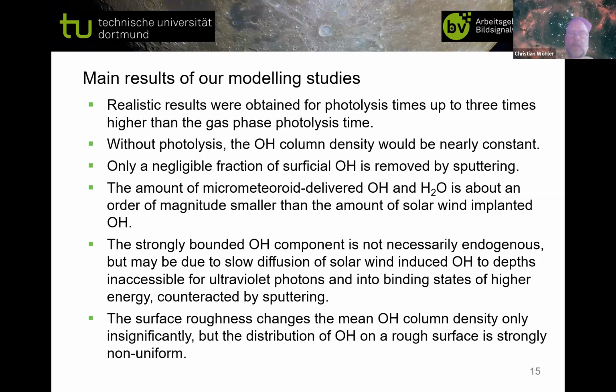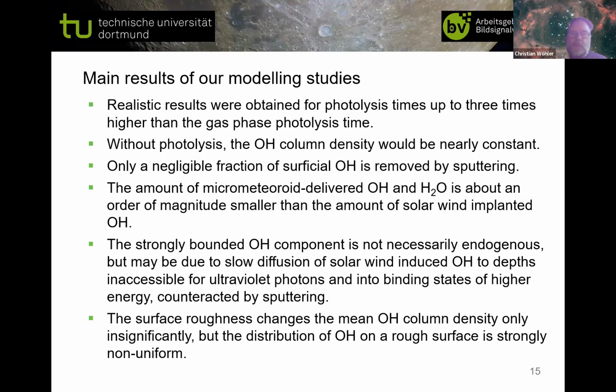The strongly bound hydroxyl component is not necessarily endogenous or magmatic water, but may also be due to slow diffusion of solar wind-induced hydroxyl to depths that are inaccessible for ultraviolet photons from the sun and into binding states of higher energy, counteracted, of course, by sputtering.